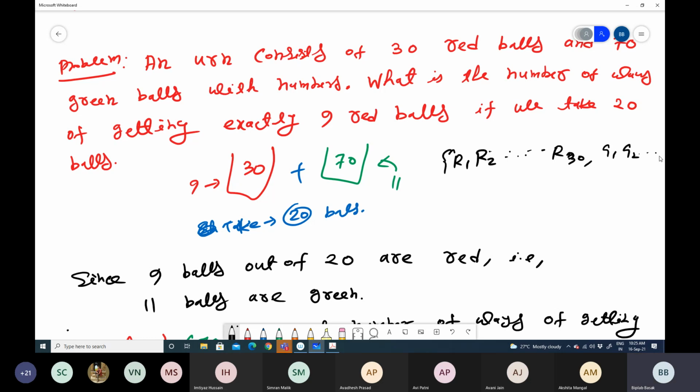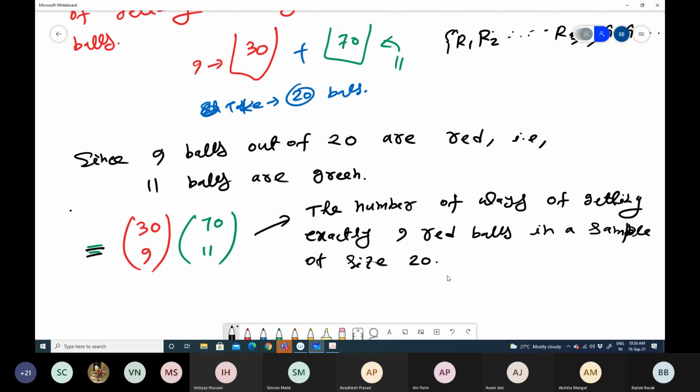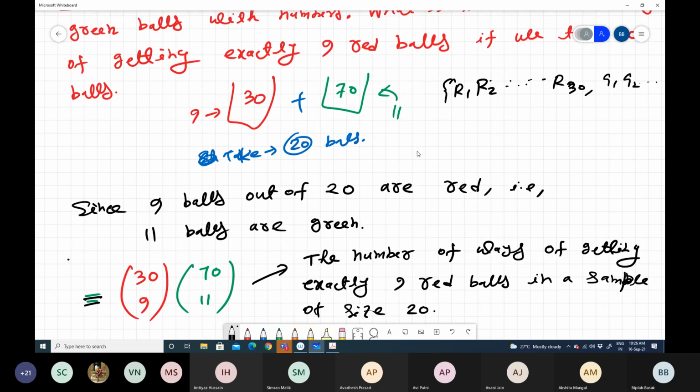So actually we asked for the ways to choose 9 red balls and 11 green balls. Therefore there are 30 choose 9 ways to choose the 9 red balls and 70 choose 11 ways to choose the 11 green balls from the 70. So it is just a multiplication of those.